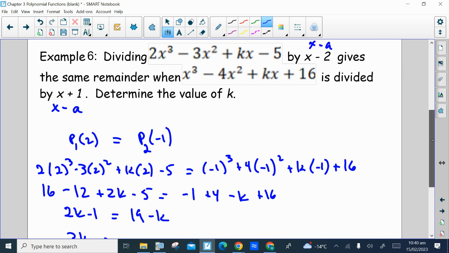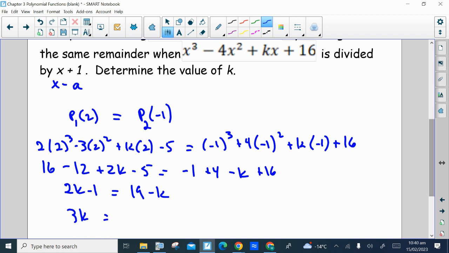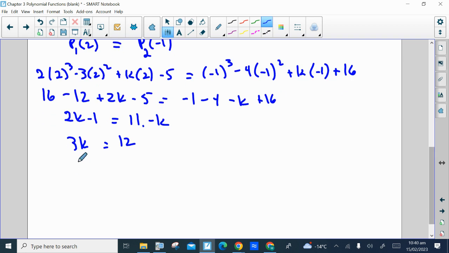You're right, that's supposed to be a -4. Thank you. So this 19 is incorrect. -1 take away 4 is -5, and -5 plus 16 is +11. So now when you add 1 to both sides, you're going to get 12 over there. That's better. And k will equal 4 when you divide both sides by 3.